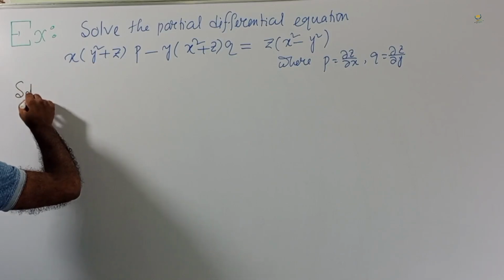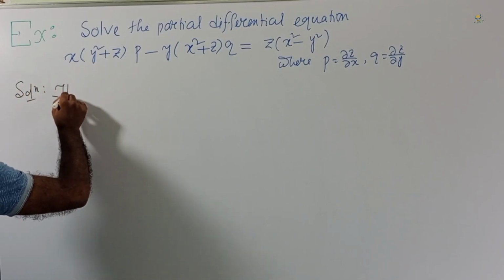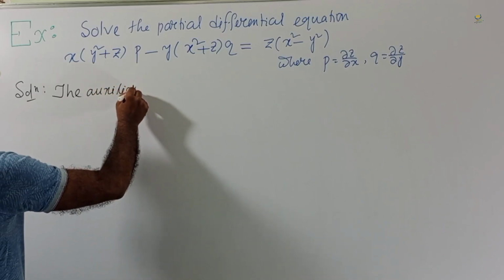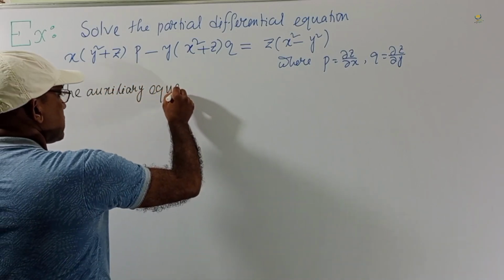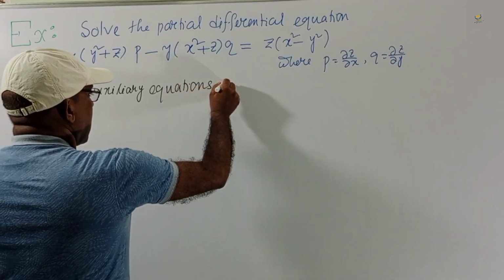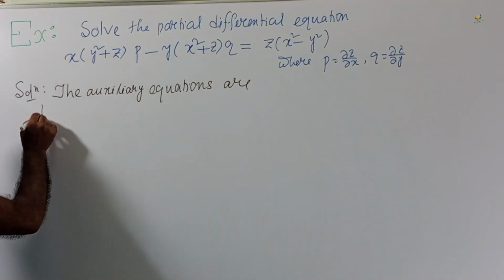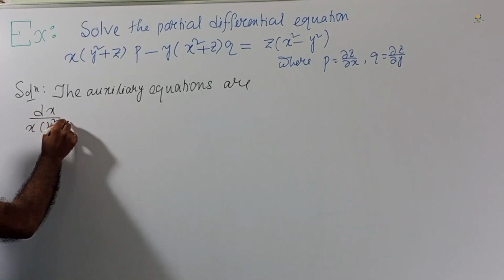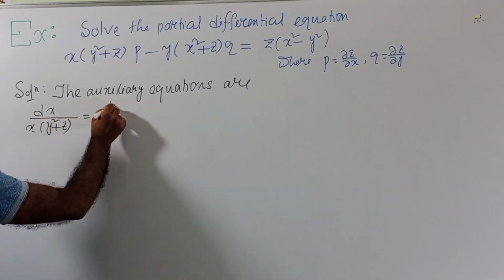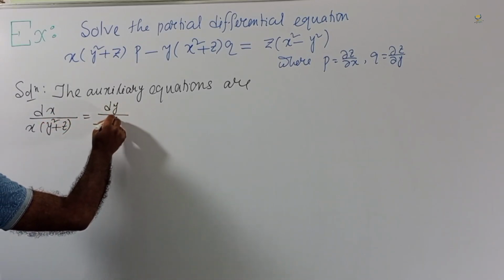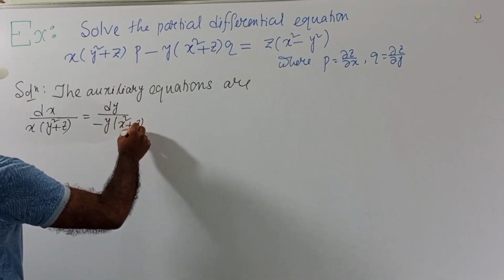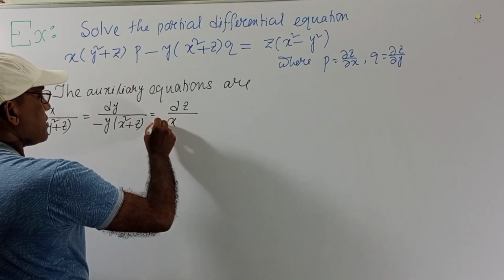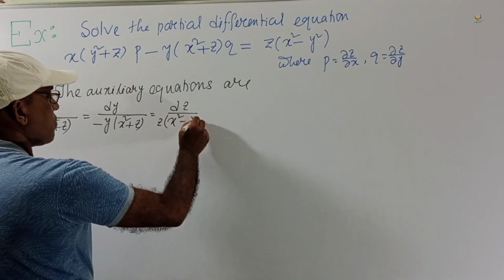Solution: the auxiliary equations are dx by x into y square plus z, dy by minus y into x square plus z, dz by z into x square minus y square.